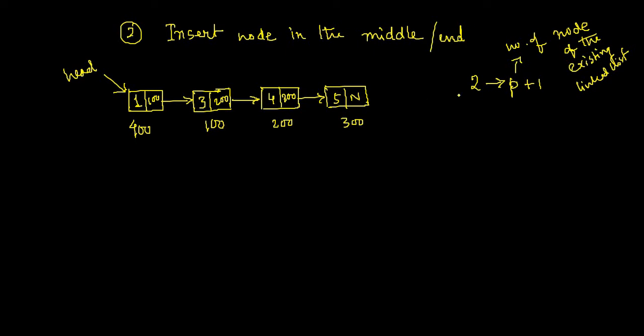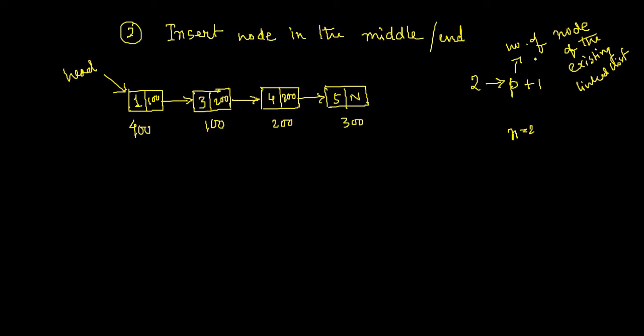If I consider a position n, that means after including that node in the new linked list, the position of the newly created node will be n. So if n equals 2, the position of the node will be 2. That means obviously you have to insert the node in between the first and second node.